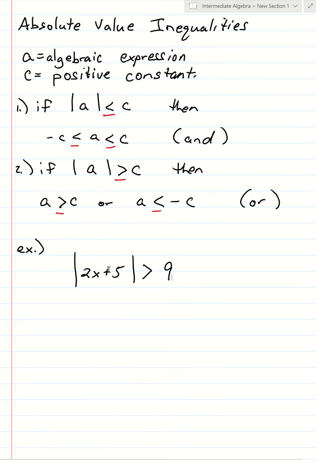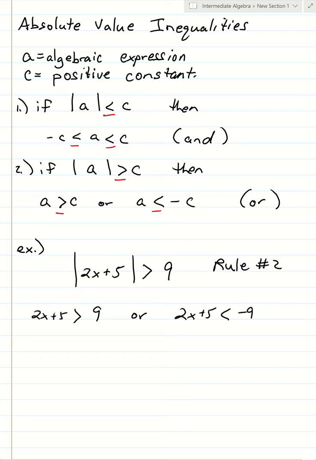The absolute value is larger than the positive constant, in this case 9, and that resembles rule number 2. So according to rule number 2, the algebraic expression 2x plus 5 is greater than the constant 9, or 2x plus 5 is less than the opposite of 9, negative 9.